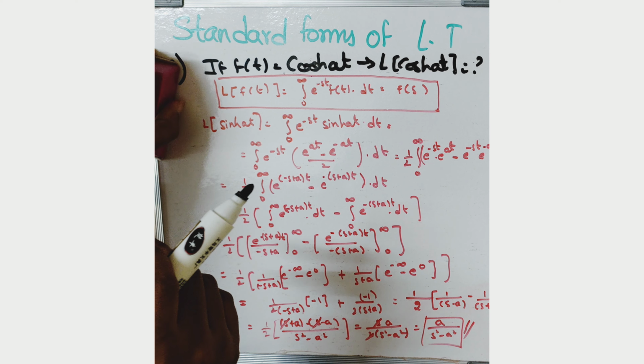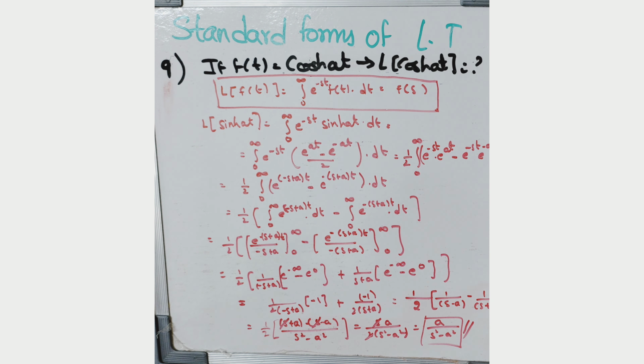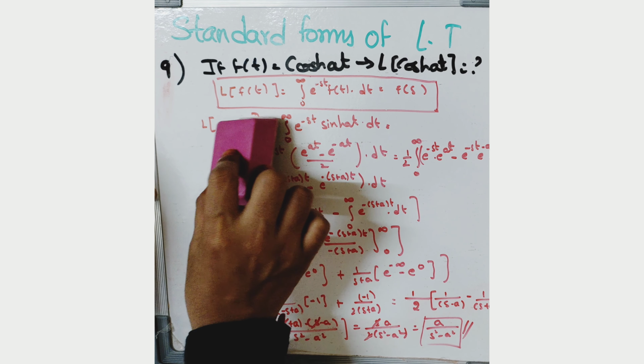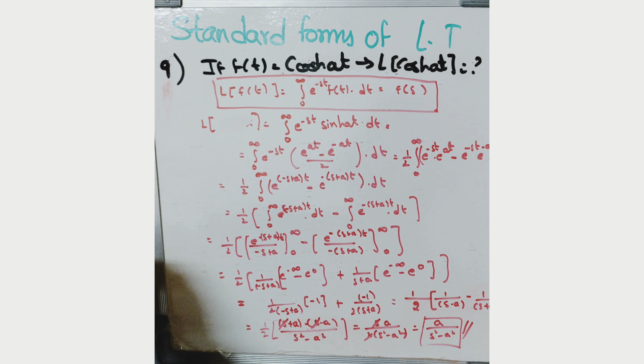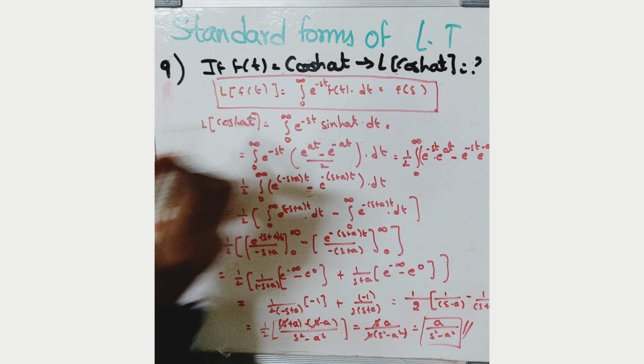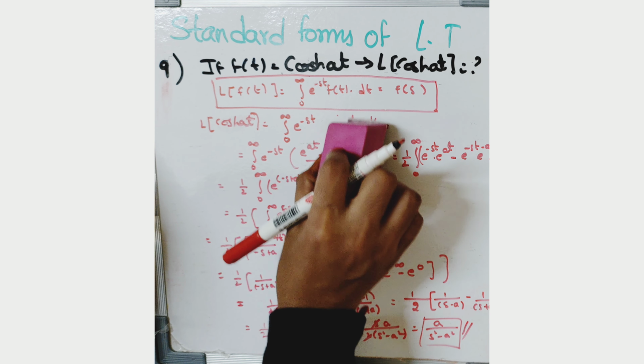This becomes our 9th standard form now. I'm not erasing this completely because there is only a small change, that is you have to just change the sign here also.